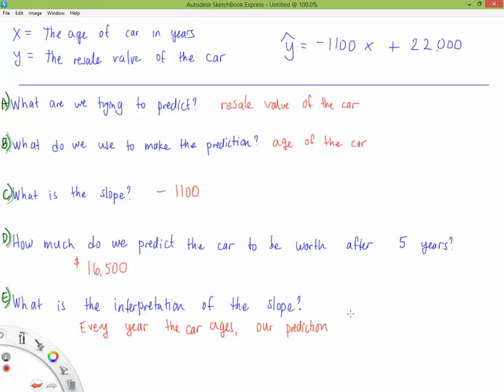It's not that this will happen, it's our prediction, okay? Our prediction for the value of the car decreases, it goes down, decreases by how much? $1,100, okay?